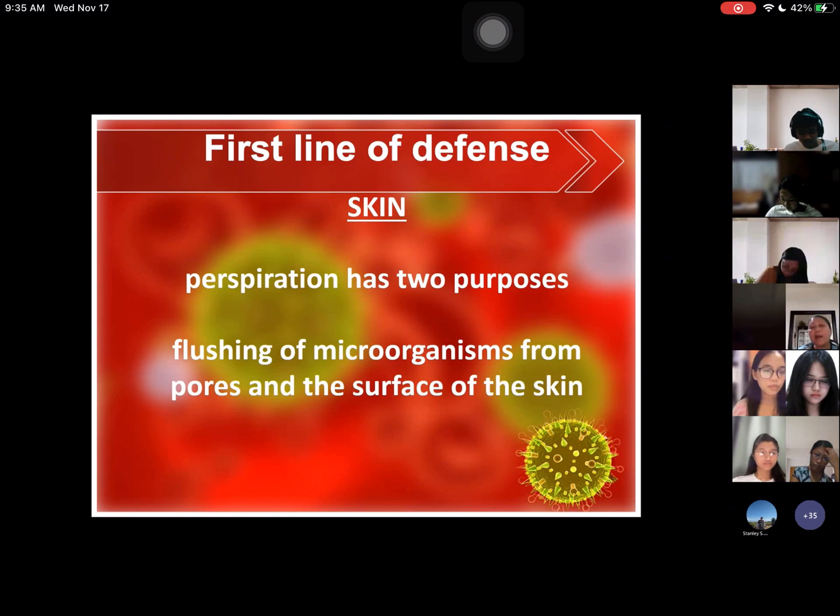That's why it itches. So you have to wipe it off, and after you perspire a lot, take a rest, and then have a bath or shower. So perspiration has two purposes: flushing of microorganisms from pores and the surface of the skin.